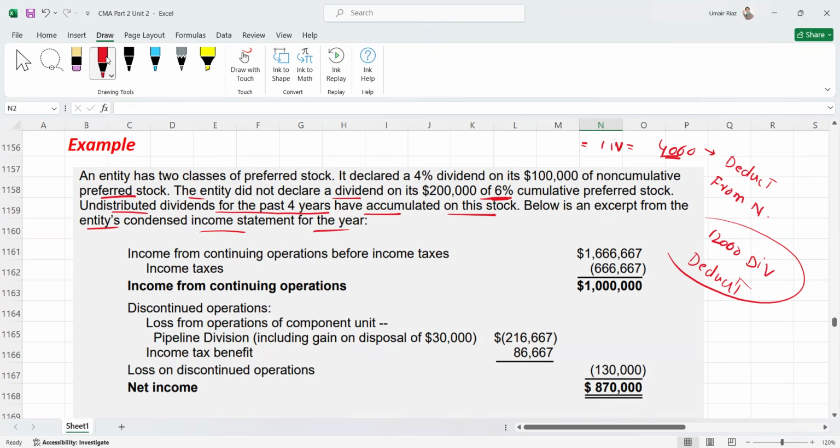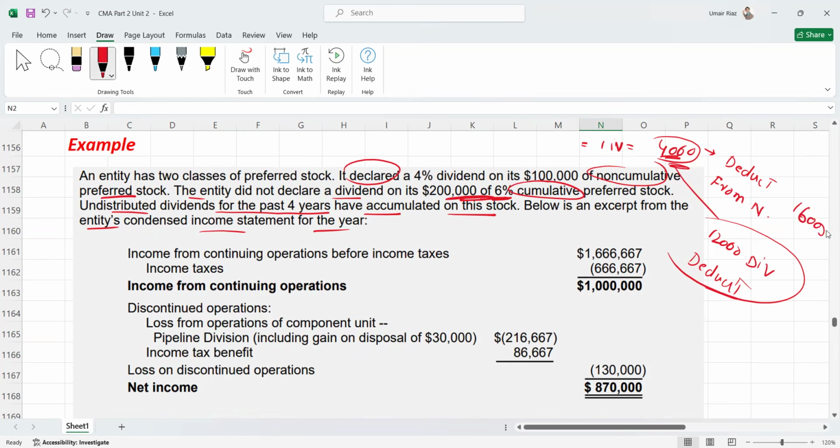So again, as I told you, this 4,000 we will deduct related to non-cumulative preferred stock because it is declared. But for cumulative, even if it is declared or not declared, you have to deduct 12,000. It means the total amount of dividend, 16,000, you will deduct.